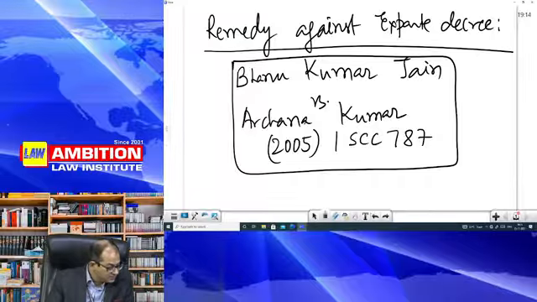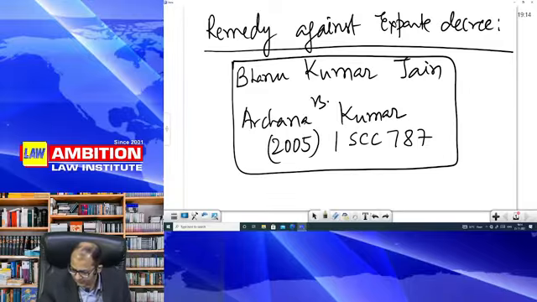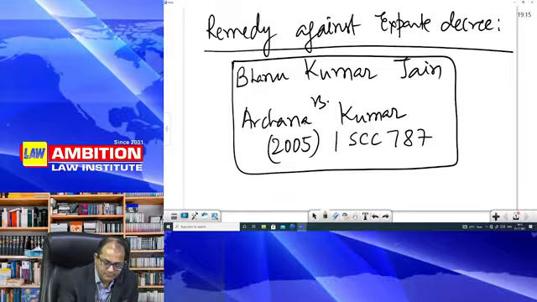The court said that the defendant has three remedies against a decree passed ex parte. Number one, the first remedy is appeal.